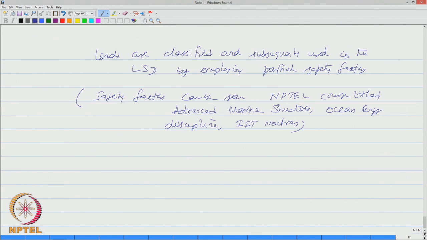So, for convenience sake, let us discuss very briefly the partial safety factors.